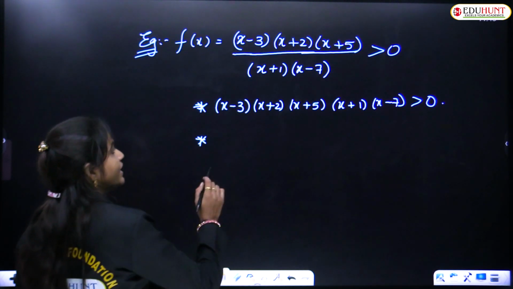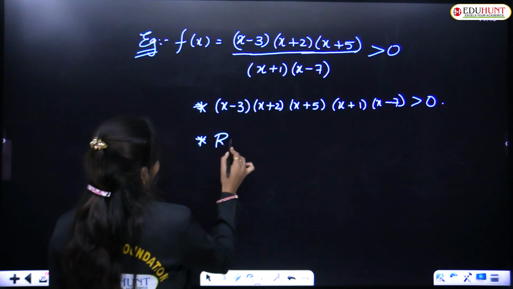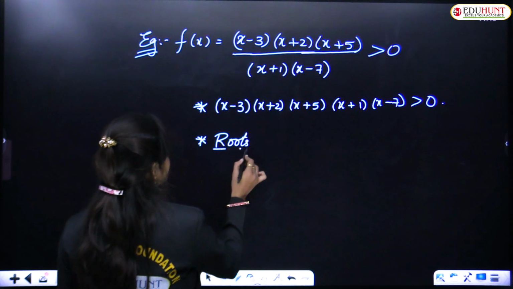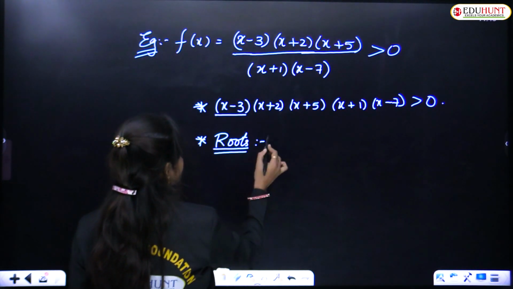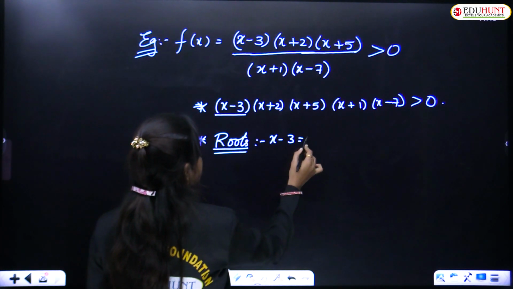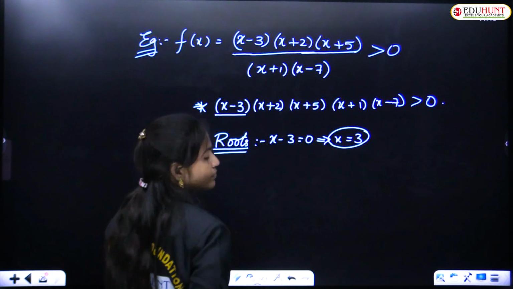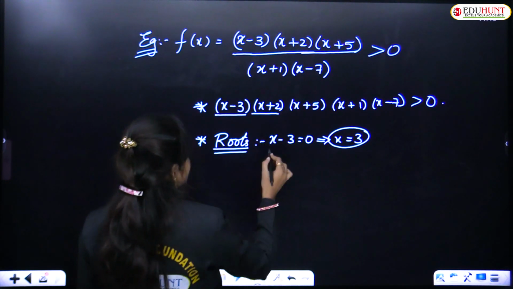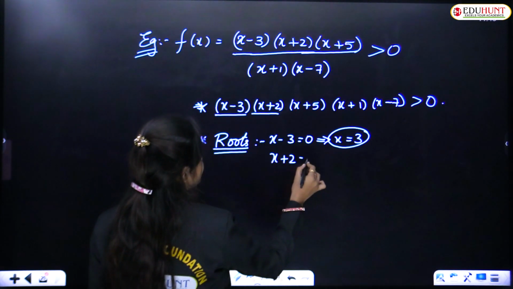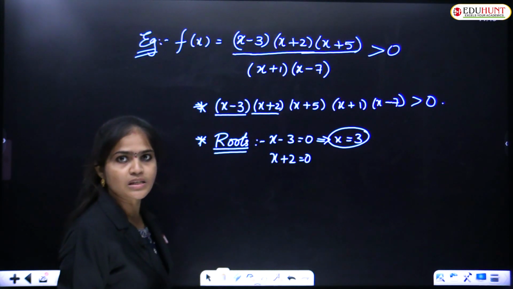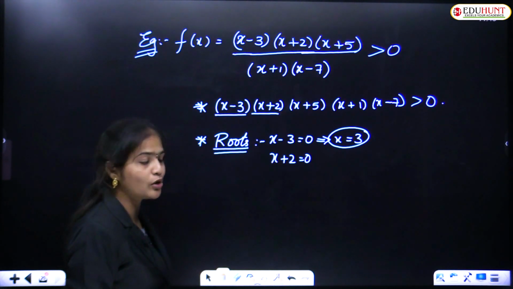Next we need to find the roots. We need to find the roots, the next step. So x minus 3 is equal to 0. So here x is equal to 3. Clear? Next, x plus 2 is equal to 0. How to find the roots? Already we know the roots, right? Zeros of the polynomial.